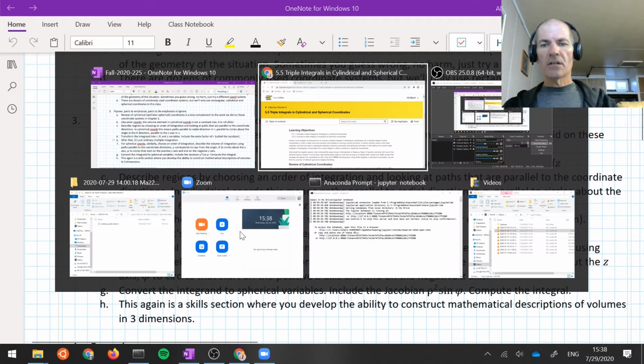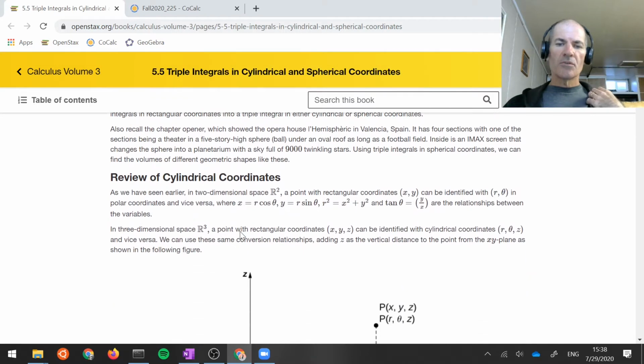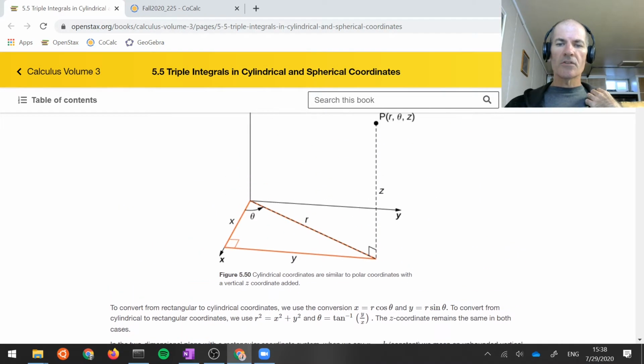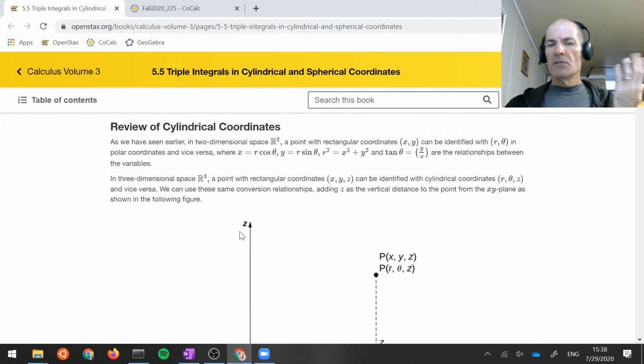This section does reviews of both cylindrical and spherical coordinates. This is convenient. It makes it so that you don't have to go back to chapter 2 to review that material. And I think it's probably a good idea for everybody to really look over these two ideas again, the cylindrical and spherical coordinate systems.